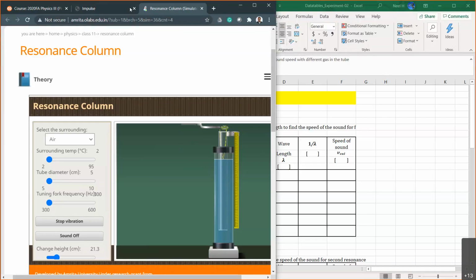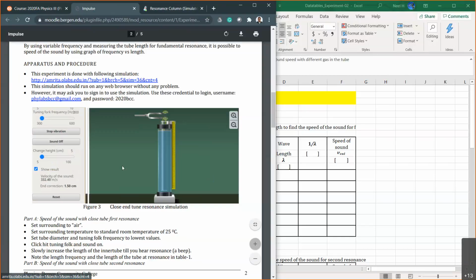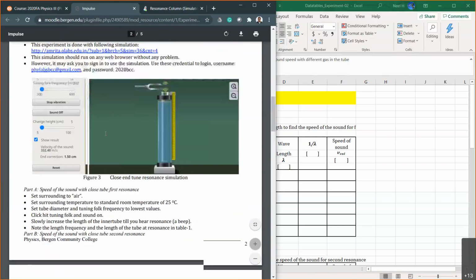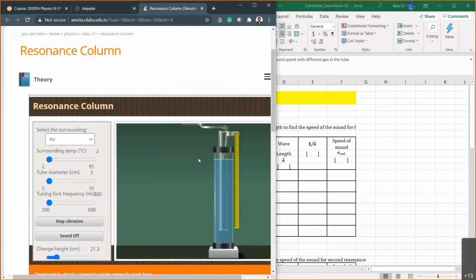All right, then let's take a look at the lab manual a little bit. In part one, what we're trying to do is find the speed of sound with a closed tube using the first resonance. Right now you see there can be different resonances, right? Let's take a look. Can I get the second resonance with the 300, right?